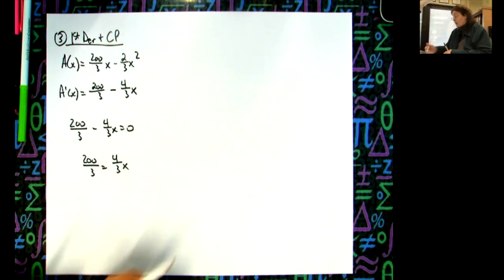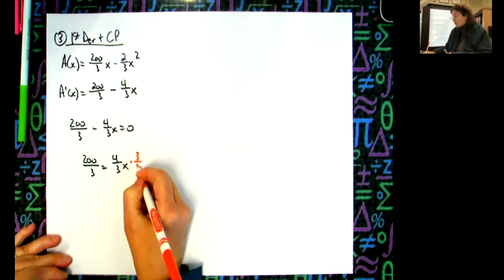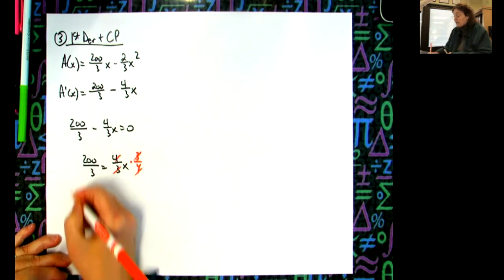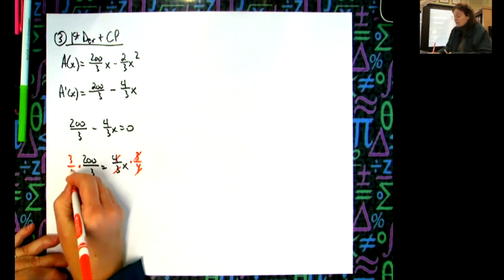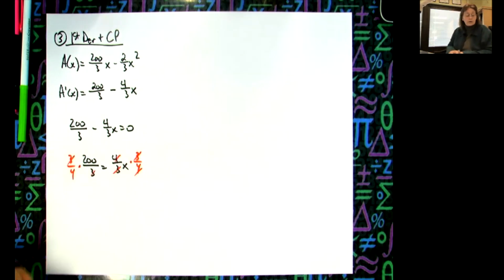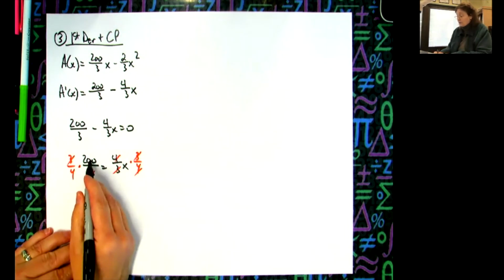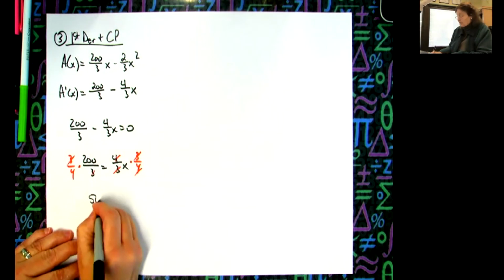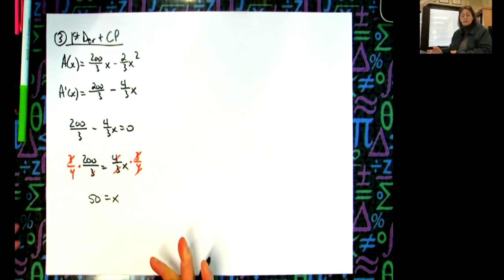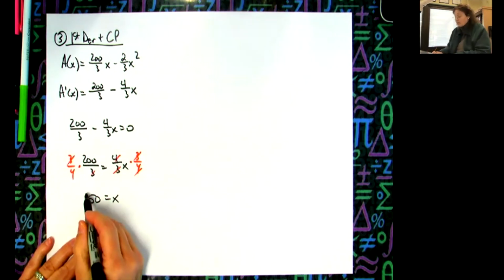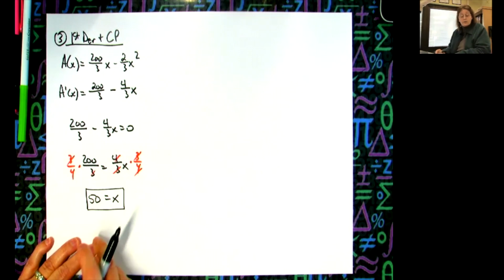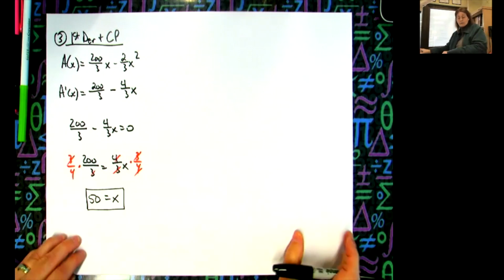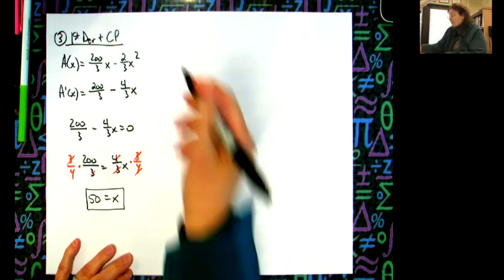You guys can handle this, but multiplying by that reciprocal just crosses that out really easy, makes it kind of fast. Those 3's then are going to cross out really nice right there. 200 divided by 4 is going to give me a nice little 50. So on this one, I only got one dimension. Now technically, I do have to verify, but at this point, I should know that that would be my answer, as long as it verifies with our second derivative.